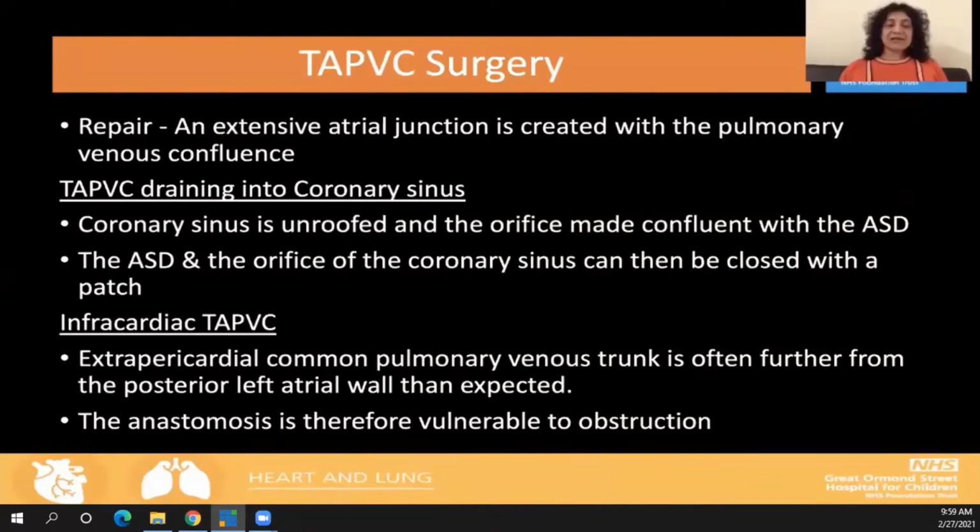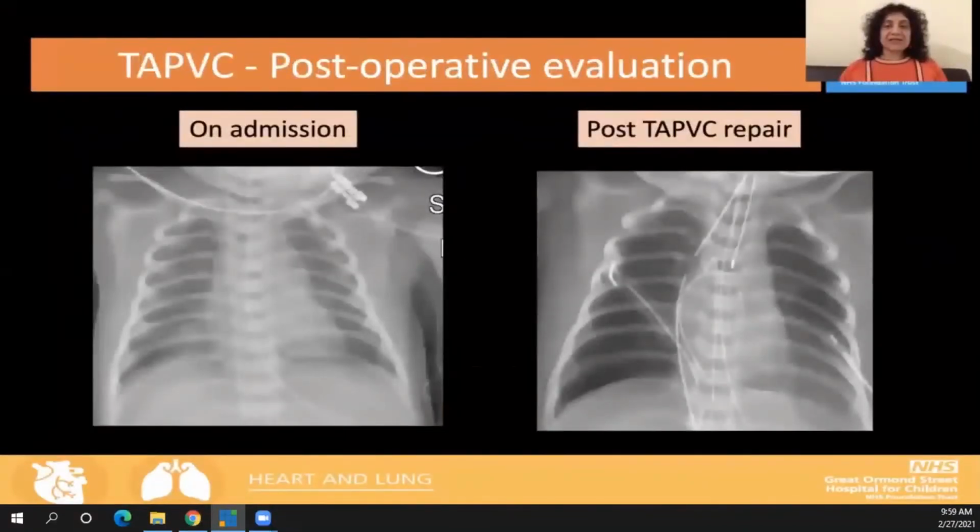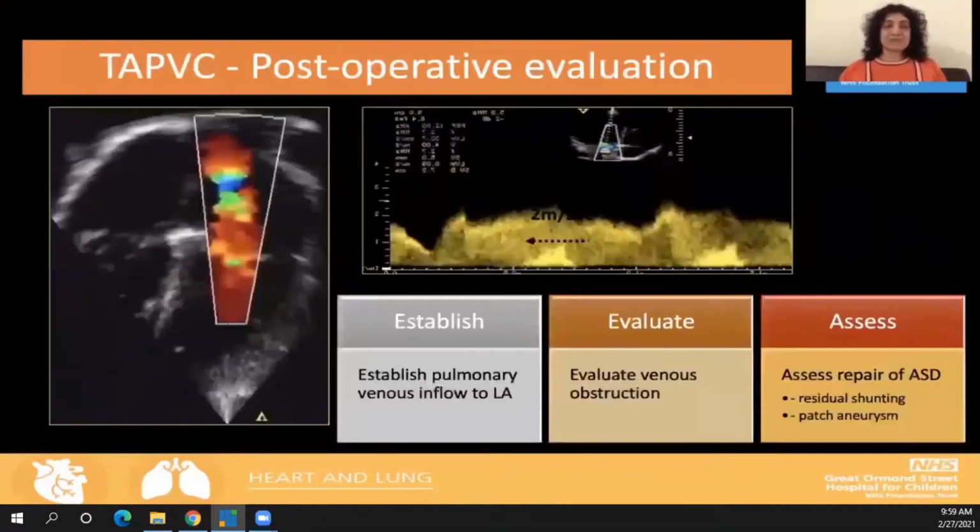In the infracardiac TAPVC, the extrapericardial common pulmonary venous trunk is often further from the posterior left atrial wall than expected. The anastomosis, therefore, can be vulnerable to obstruction. You can see that there is improvement here in this chest X-ray post-repair.